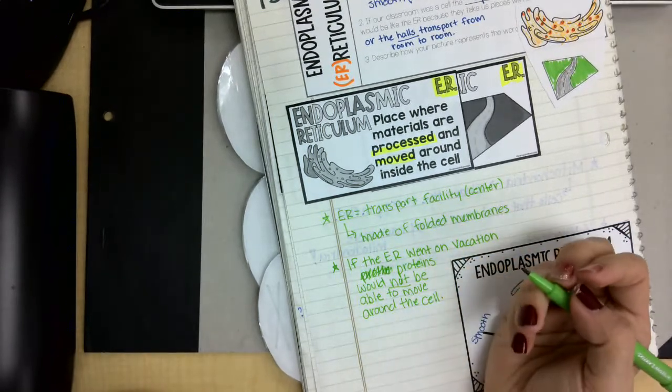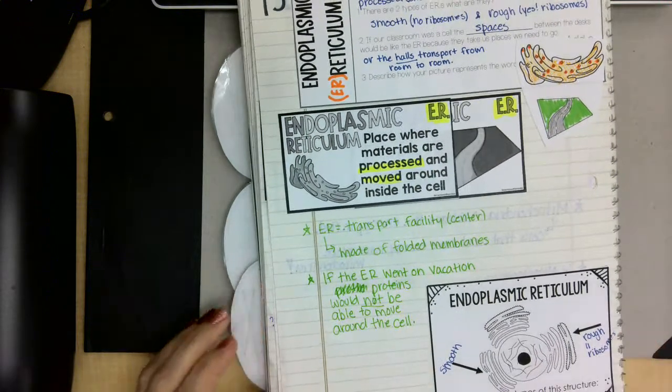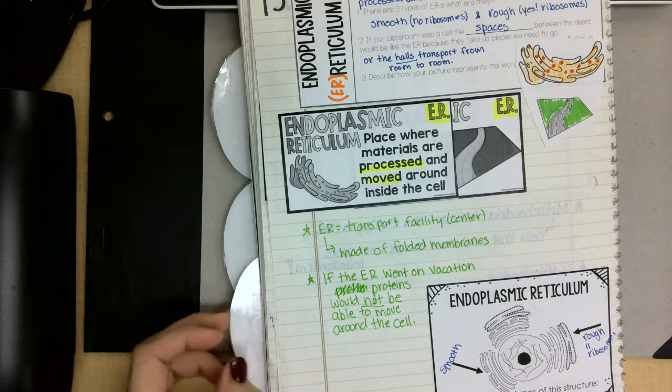So cells, just like us, need proteins to function. And think about like the COVID vaccine. It's those proteins that tell our body how to fight COVID. So those proteins give a lot of instructions and they help our cells grow and just live. Well, that's page 13 for you.